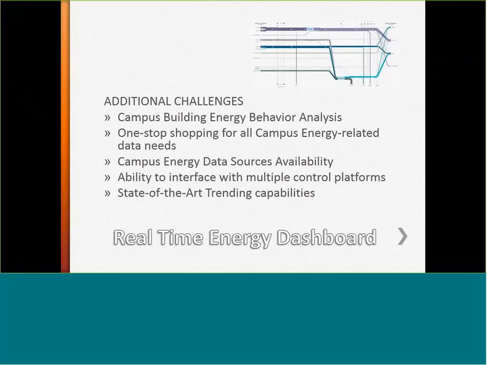We didn't have a one-stop shop where we could have all the campus energy-related data needs. Another challenge was that those data sources weren't readily available. We needed the ability to interface with multiple control platforms, and we'll talk about that a little. We also needed state-of-the-art trending capabilities.